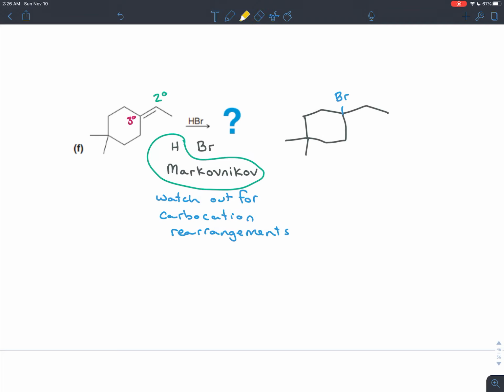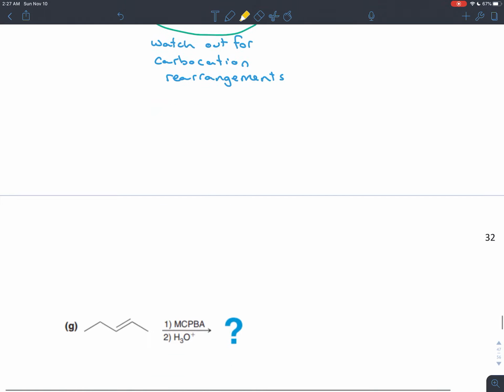I can erase the hydrogen because it's implied in the skeletal structure. We don't have a chiral center because going around the ring one direction is the same as going around it in the other. Either way you go, you find the same features at the same distance. So those act as the same type of branch, and so you don't have a chiral center, so you only end up with this one product for this hydrohalogenation.